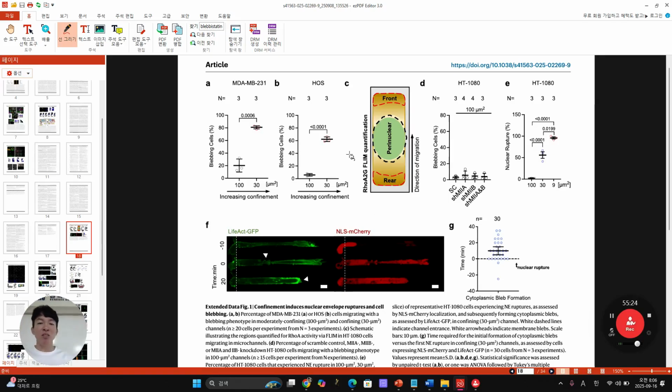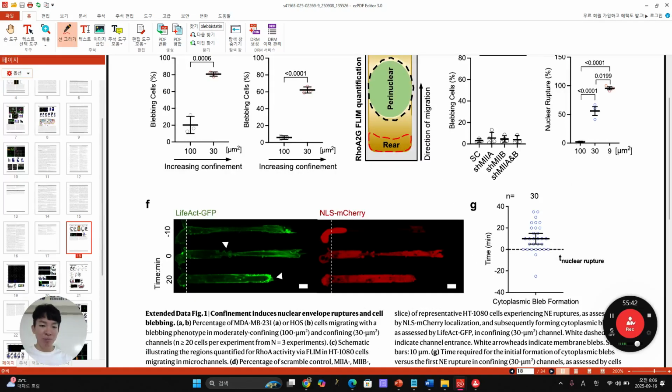So here you can see many cells, similarly blebbing, and their quantification: perinuclear, front layer side, and then other 100 micrometer, no change by normal smashing. But in another cell line, you can see it is like actin also, you can see blebs here along with the NLS.